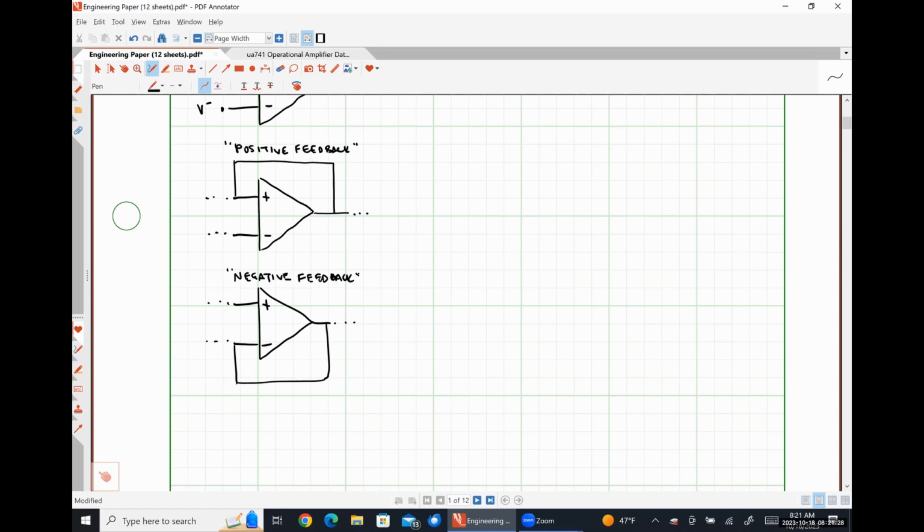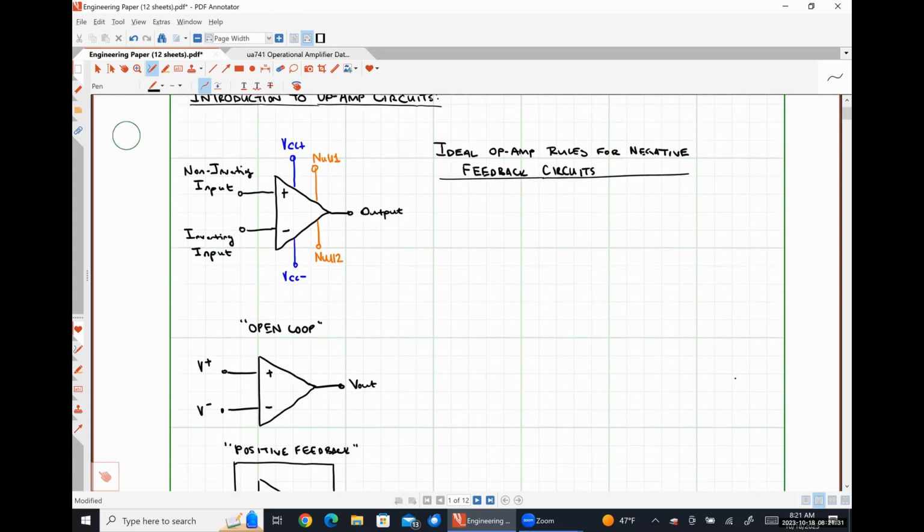So, all right, our rules for negative feedback op amp circuits are as follows. Number one, no current can flow into or out of the input terminals of an ideal op amp.